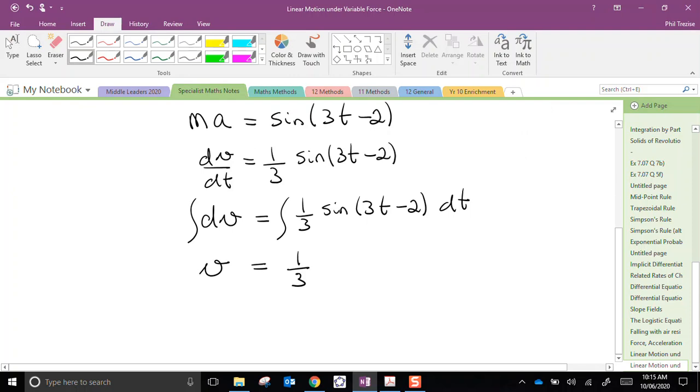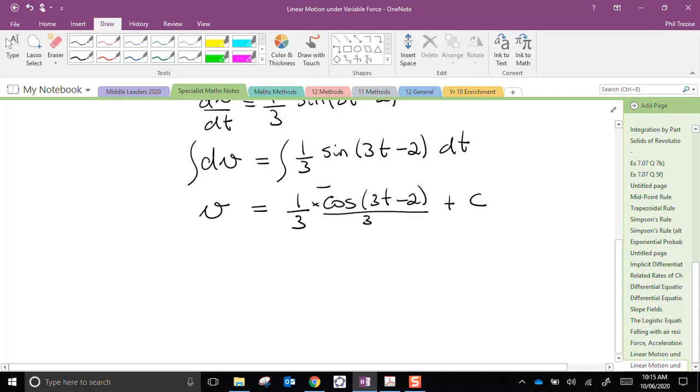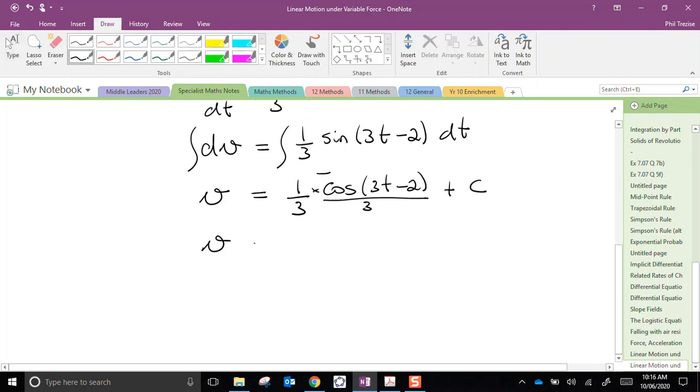The integral of sine is negative cosine of 3t take 2, and then we have to divide this by the derivative of 3t take 2, which is 3, and there's a constant of integration. So my formula then is v equals negative cosine 3t subtract 2 over 9 plus c. Let's just call that equation 1. We'll come back to that.